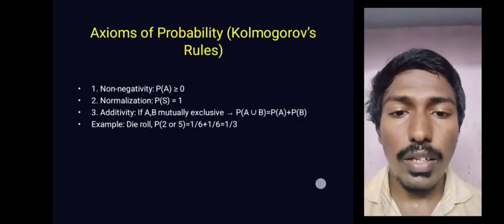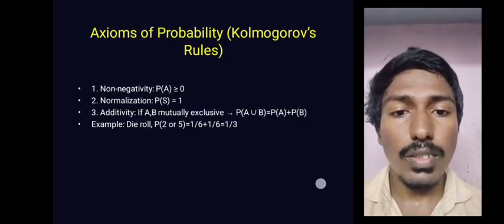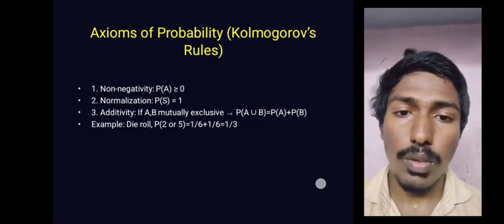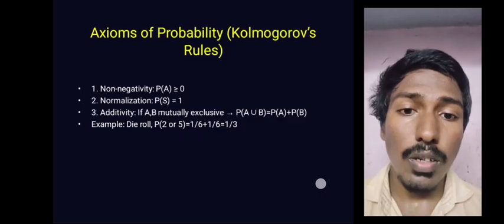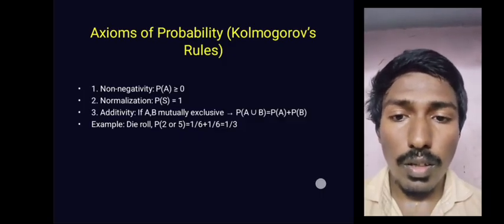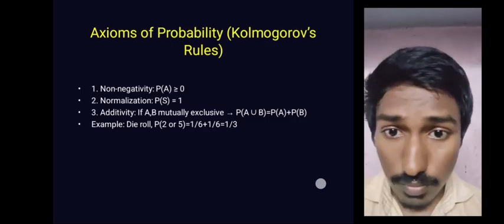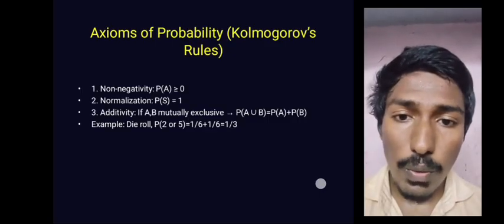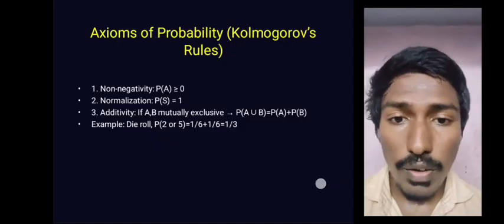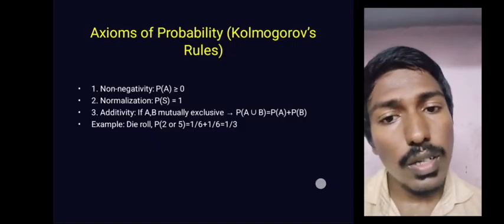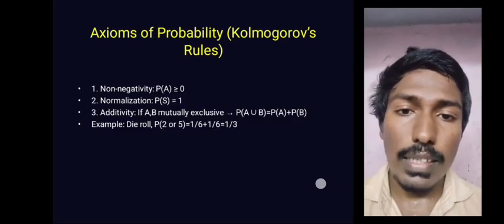The third: if events are mutually exclusive, meaning they have no common outcome, then P of A or B is P of A plus P of B. Like if we roll a die, P of 2 or 5 is 1 by 6 plus 1 by 6, total 1 by 3.